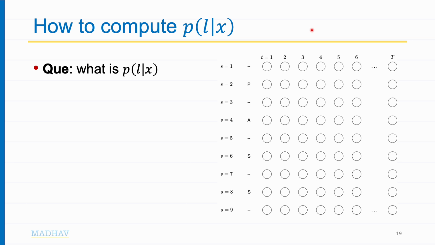So y t k. Here there is no k, I'm using s. Okay. So what is P of L given X? Write it down in your notebook. We have done this before, so just a recap. From this trellis, what is P of L, this label sequence, given the X?